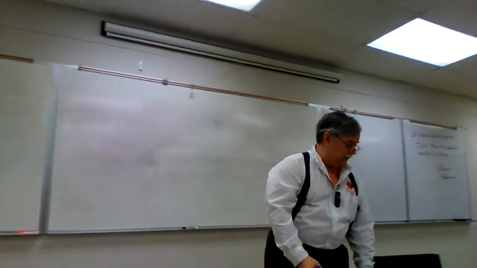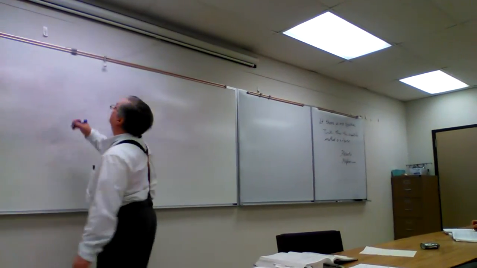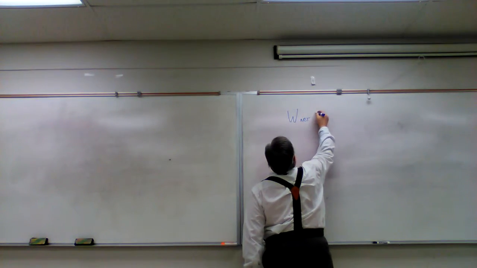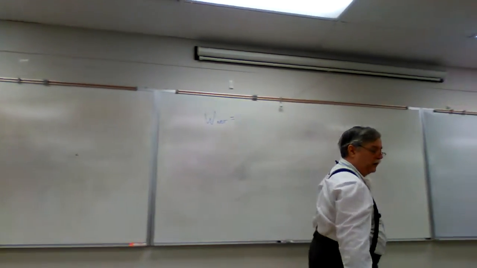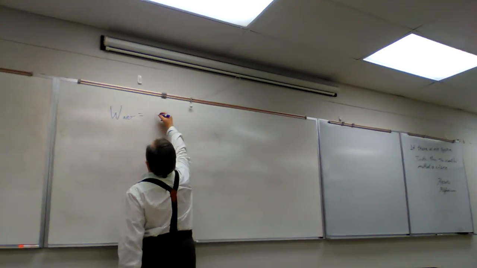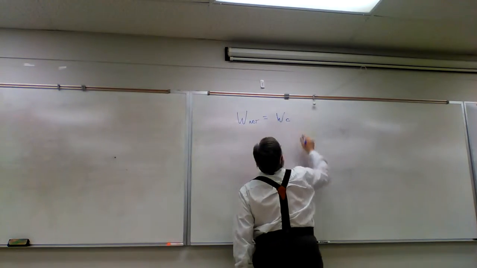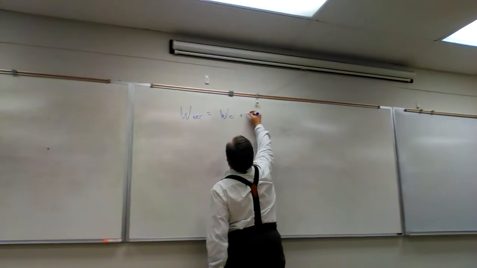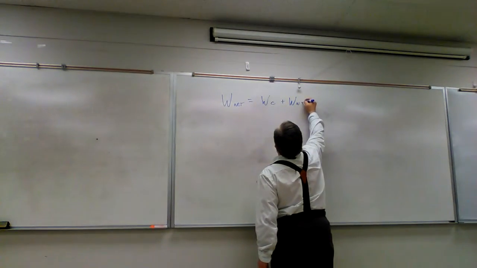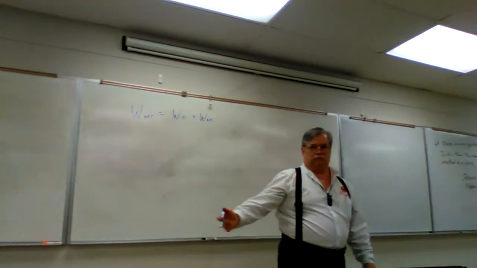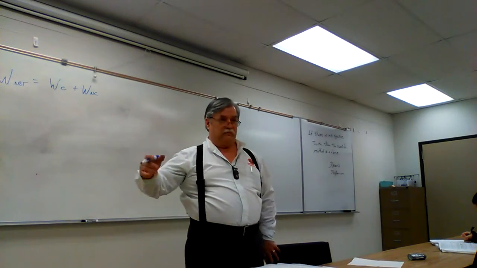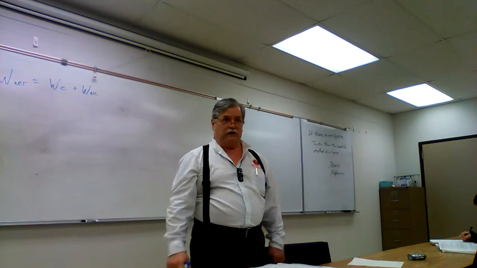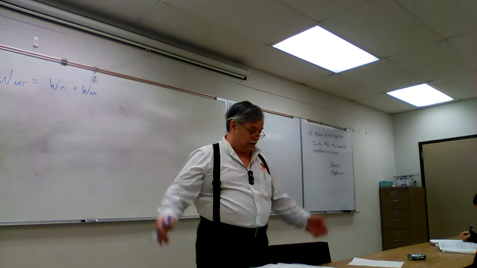They write that the net work done on an object is equal to the work done by conservative forces plus the work done by non-conservative forces. Makes sense? You've got conservative forces doing work, you've got non-conservative forces doing work. The total work done, the net work done, is the sum of the two.